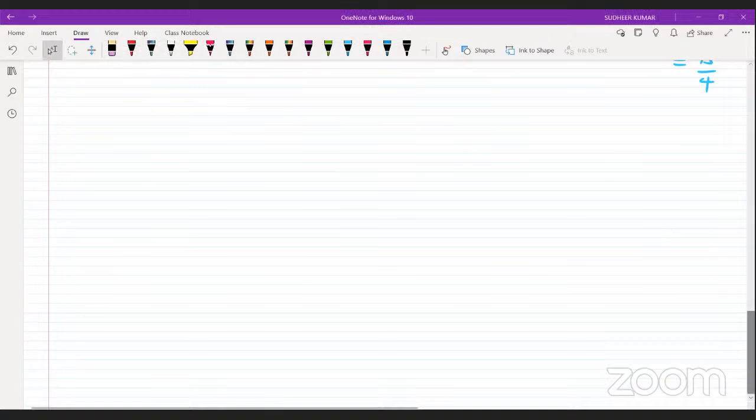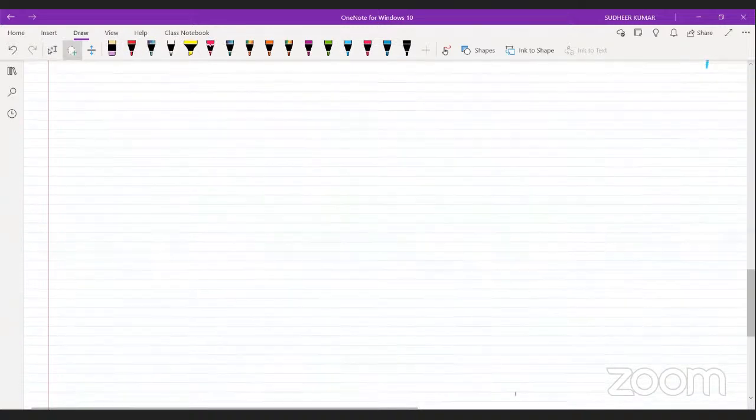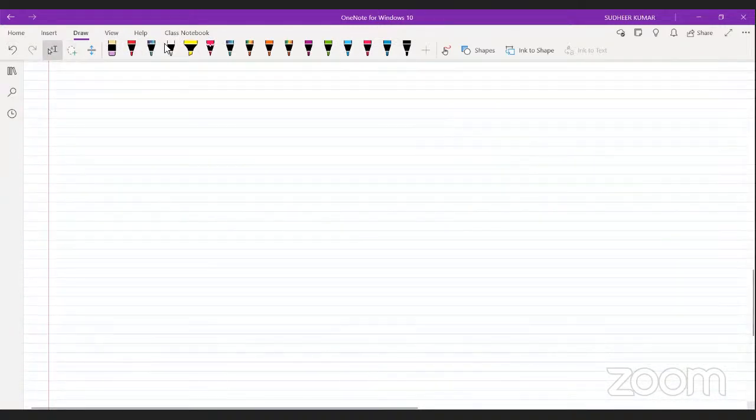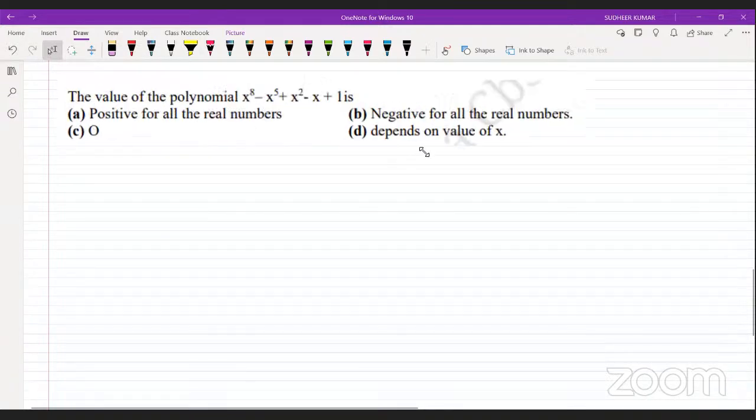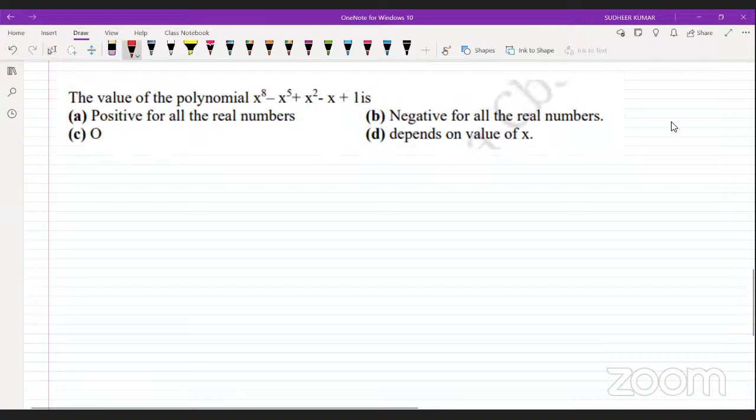So here is one different question. Different in the sense that we should think in a different way. The value of the polynomial x power 8 minus x power 5 plus x square minus x plus 1 is.